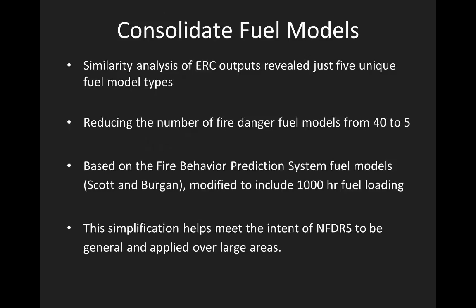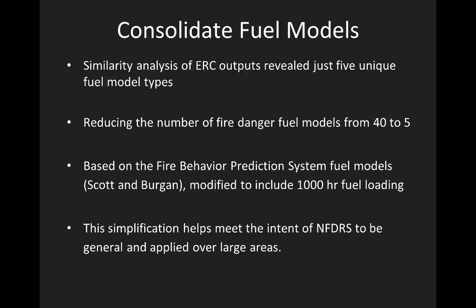The final change that made up the NFDRS 2016 update was the consolidation of fuel models. In this, we conducted a similarity analysis of ERC outputs, and that analysis revealed that we were just using 5 unique fuel model types already.